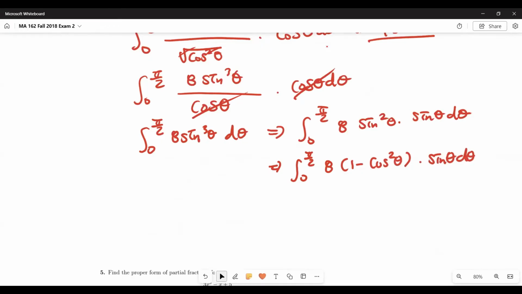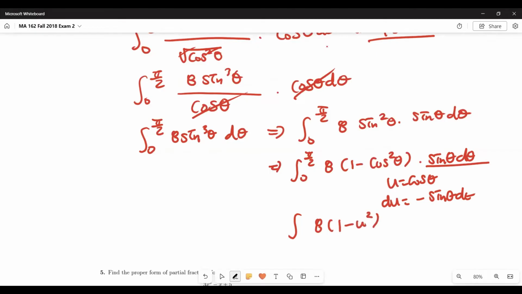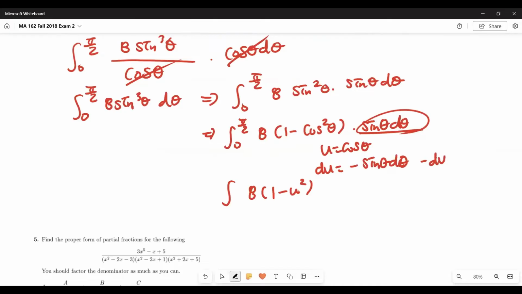Okay, and if you put u as cosine theta, du will be negative sine theta d theta. So this is gonna be just 8, 1 minus u squared, minus du, right? Because we are doing minus du because we want sine theta d theta, not negative sine theta d theta. So I'll just write it here. Okay, negative du is same as sine theta d theta. And we can change this part into just negative du.